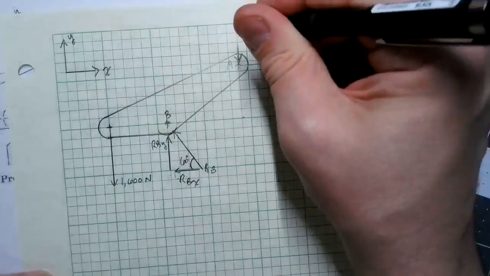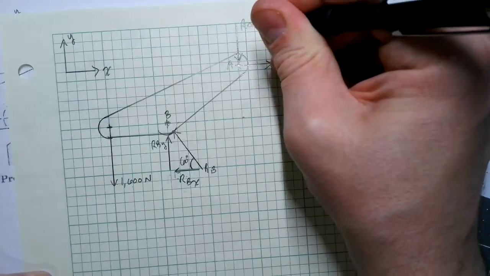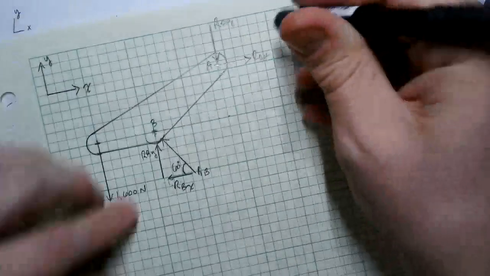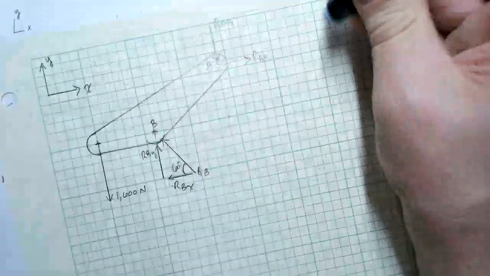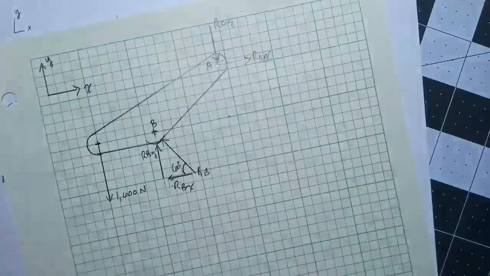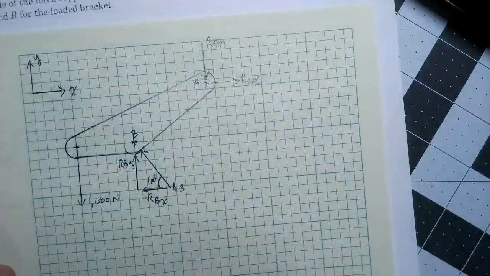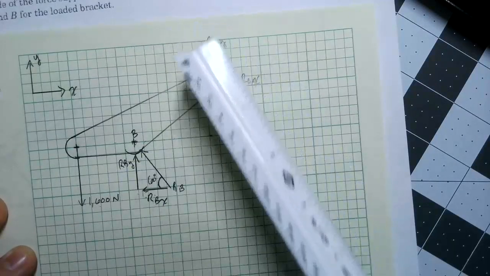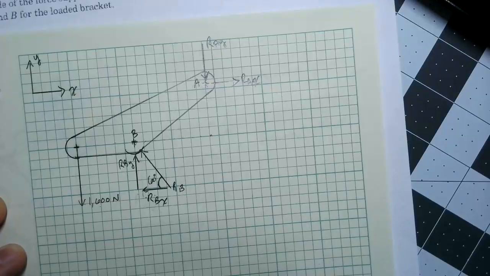So now we can label these RAY and RAX. Now we've got our forces drawn out and properly broken into components relative to our coordinate system.